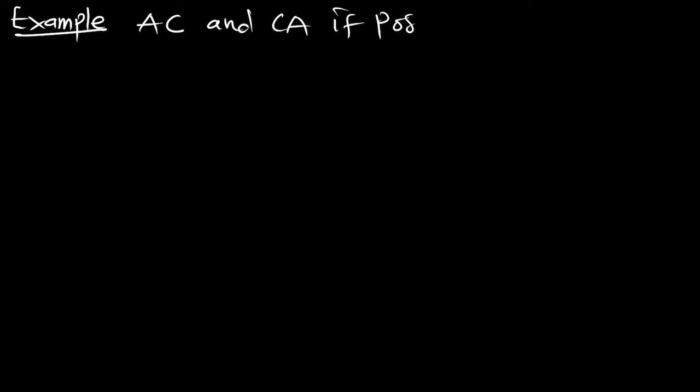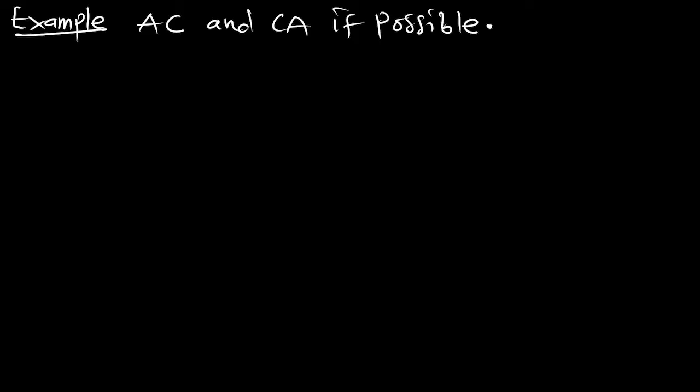So let's look at another example. We are to compute AC and CA if possible, because the order may not match and multiplication may not be possible for these matrices.